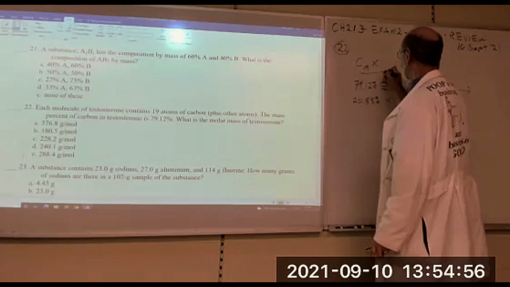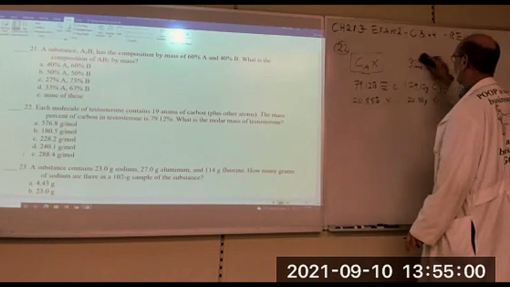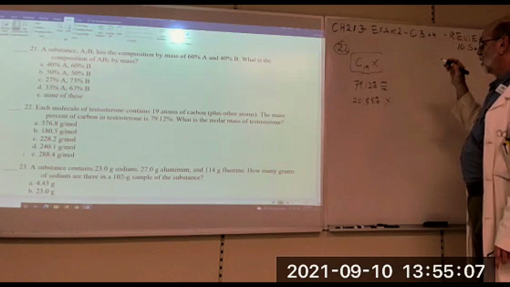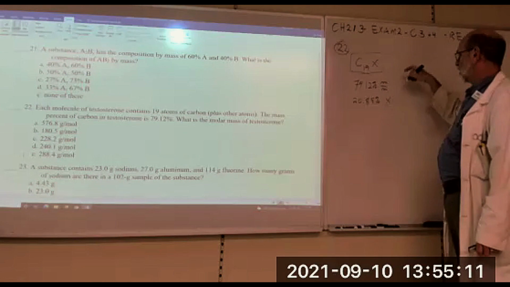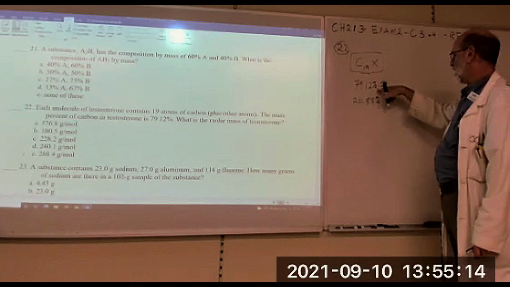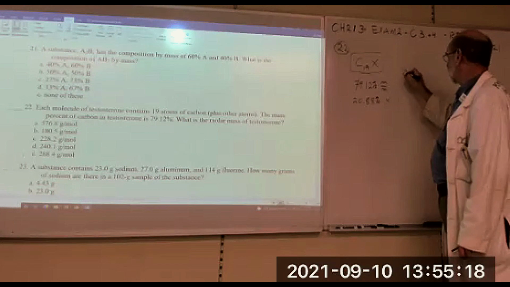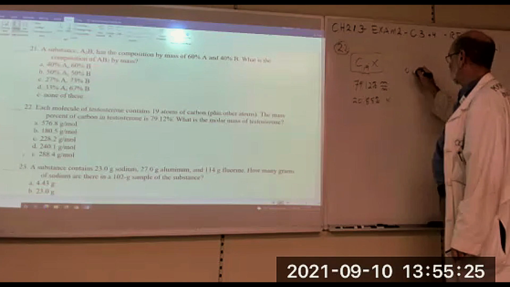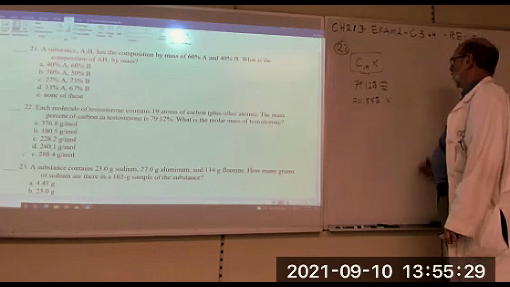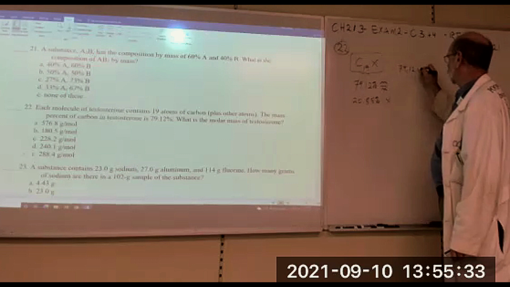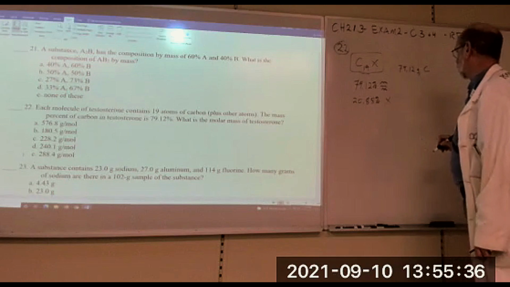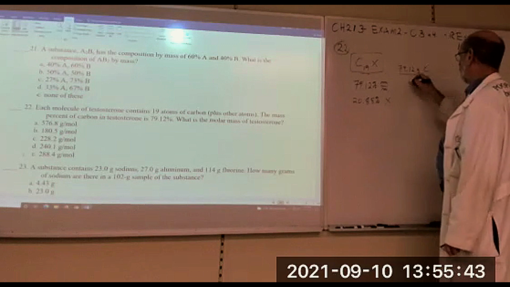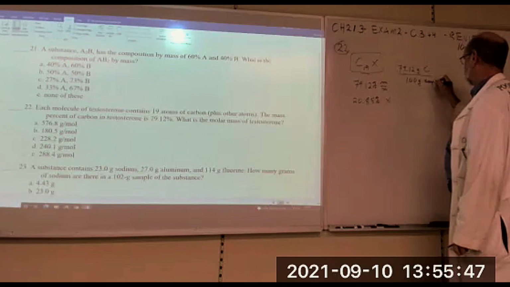If we've got 1 mole of this compound, we've got 79.12 grams of carbon per 100 gram sample.